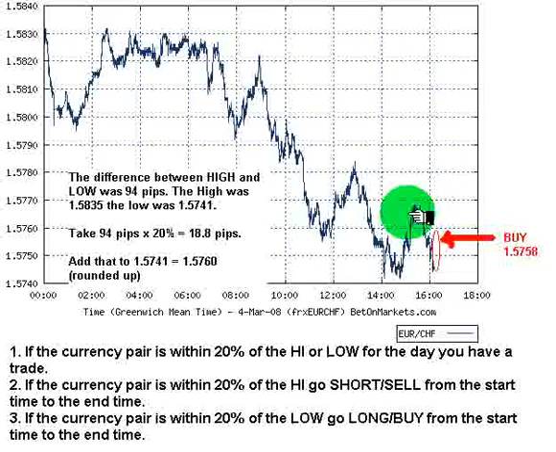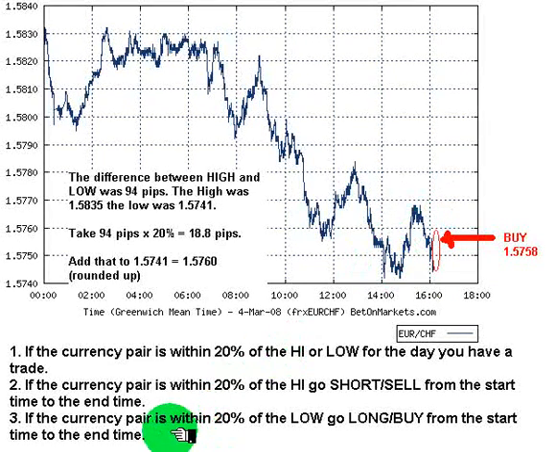So again, what we look for is the currency pair within 20% of the low at our start time, and our start time is at 16:30 GMT. So how do we figure out the 20%? Well, you take the difference between the high and the low, which is the high up here at 1.5835, the low is down here at 1.5741, a 94 pip difference.